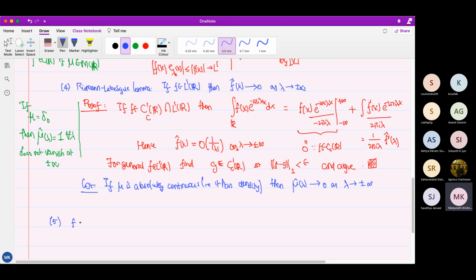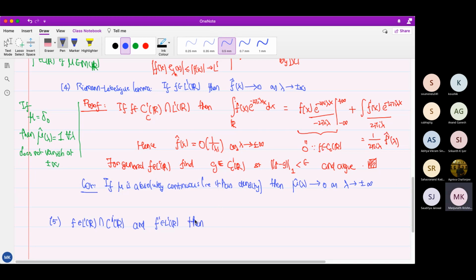So if f is, let's say, in L1 of R intersection C1 of R, and let's say f dash is also in L1 of R, then this relationship holds.